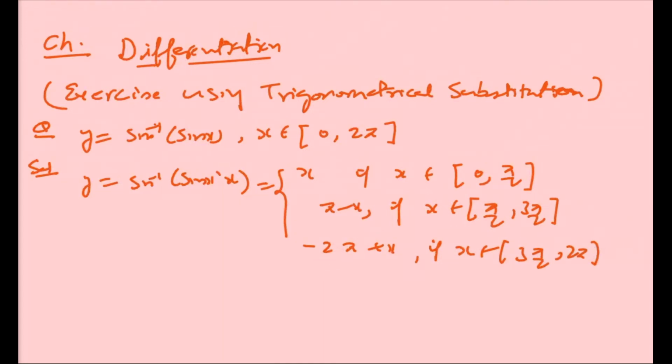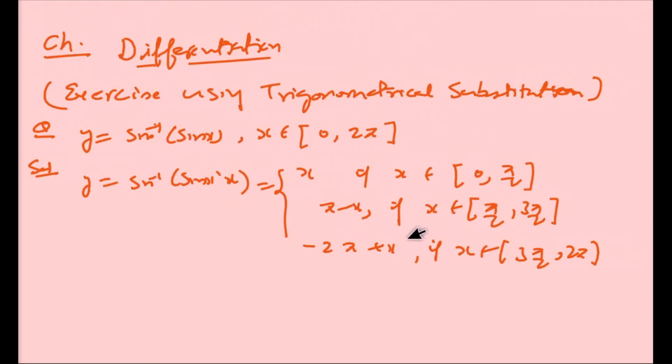Now you can understand what is given here, that is 0 to 2 pi. So you can see here from 0 to 2 pi.